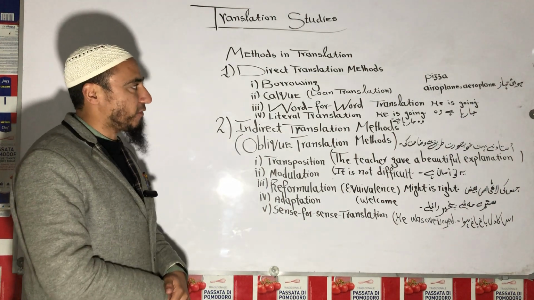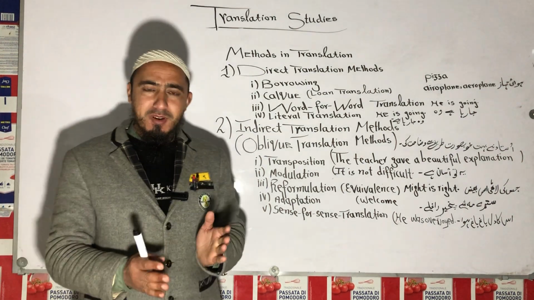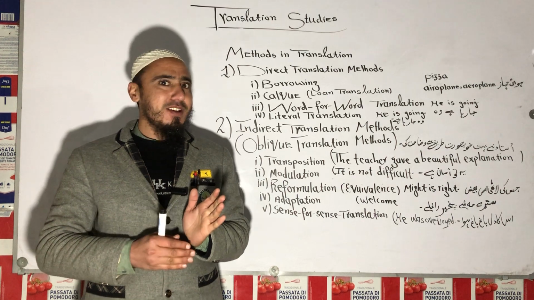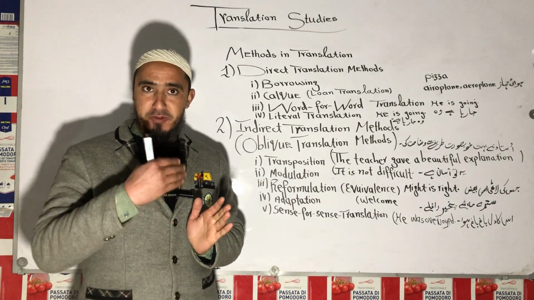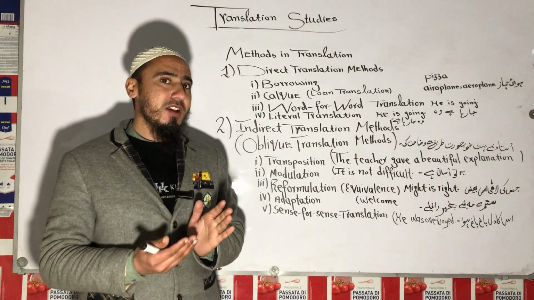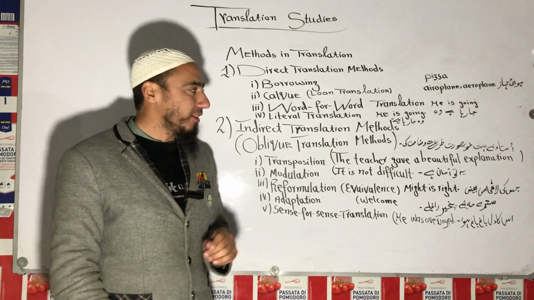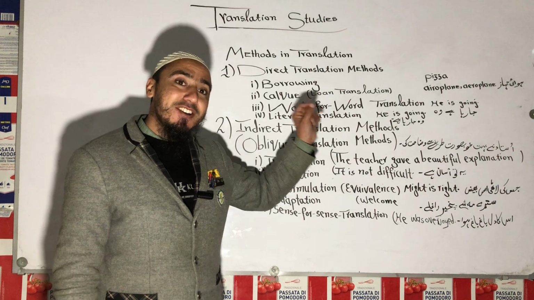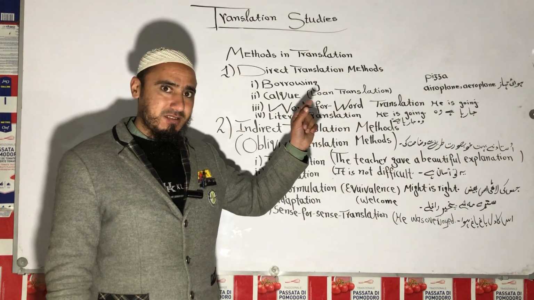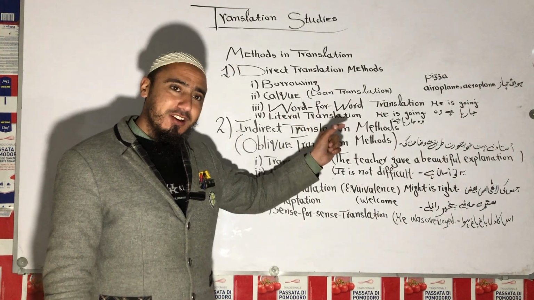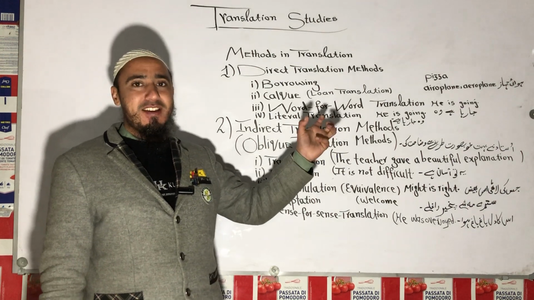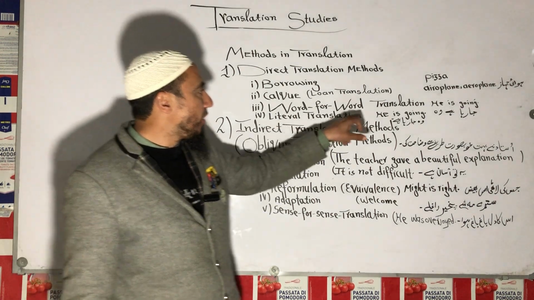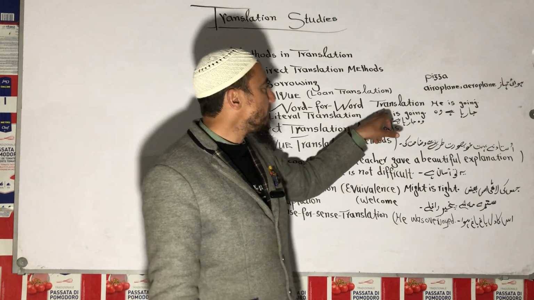Then we have word for word translation, where the meaning, the message of one language is transferred into another, but it is done literally. It means the structure also does not change and even the literal meaning is taken. For example, here you see word for word translation.